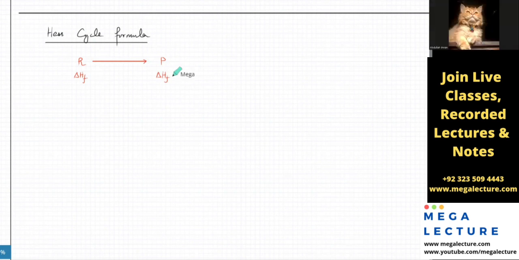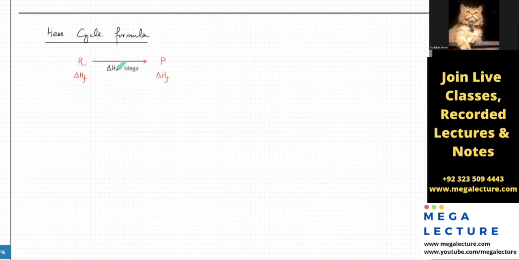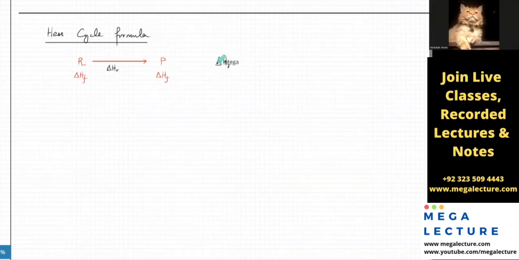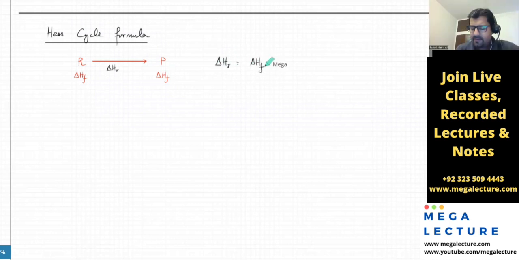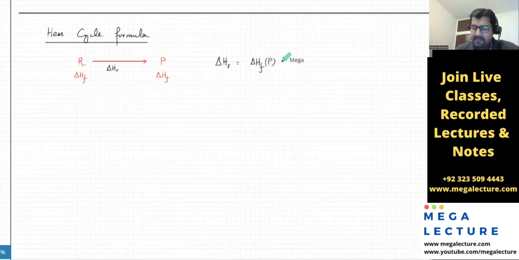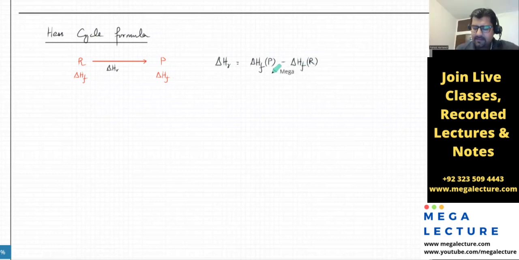Then it's a simple formula: the enthalpy change of this particular reaction is the enthalpy change of formation of my products minus the enthalpy change of formation of my reactants.